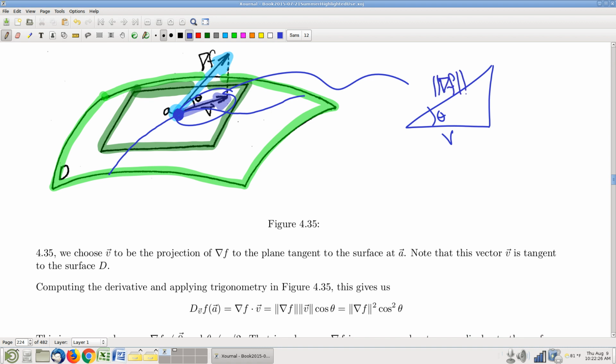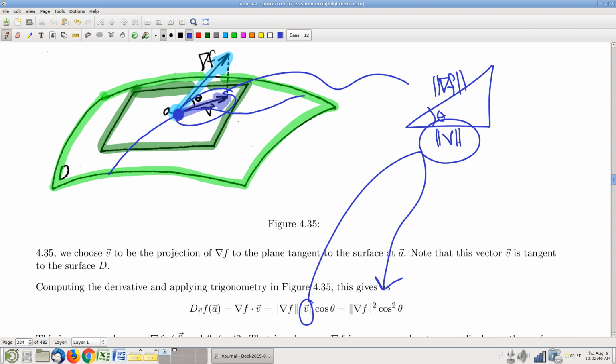That magnitude is the magnitude of the gradient times cosine theta. So you plug this in. Magnitude of v is computed by that little trig, and there's our directional derivative. It's the magnitude of the gradient squared times cosine squared theta.